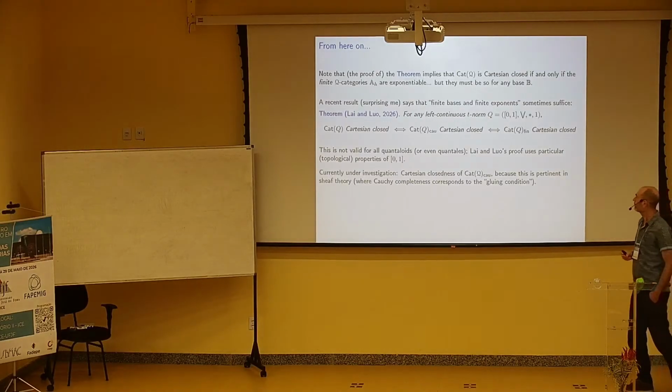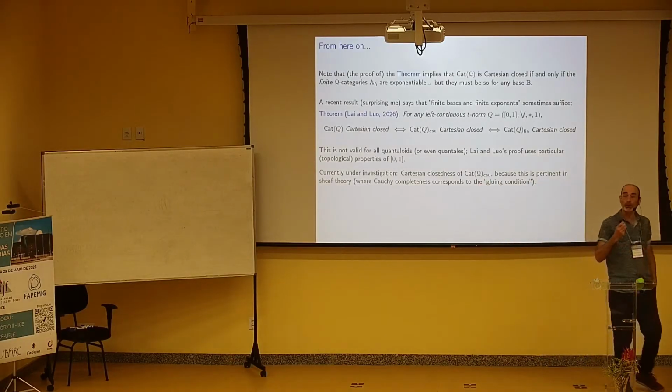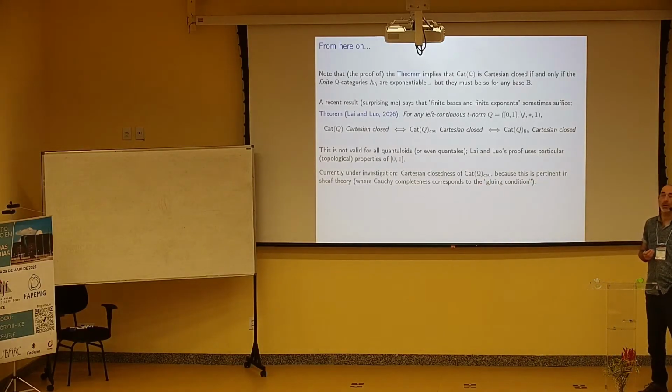I don't know a necessary or sufficient condition for the Cartesian closedness of those Cauchy complete categories which correspond to sheaves. We know that sheaves are Cartesian closed, but I don't know which technical logical condition on Q is precisely the one enabling this. So that is for me now an important and nice question to look at.